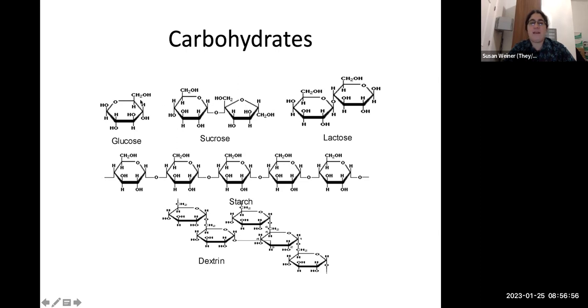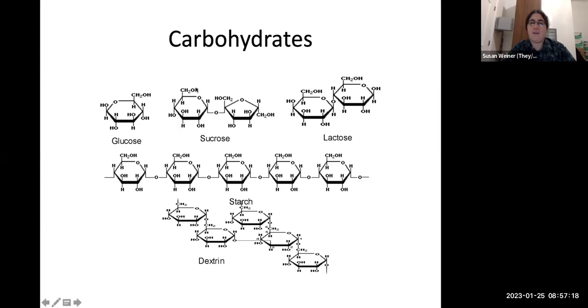But either way, that ring has mostly carbons and 1 oxygen making up the end of that ring. And that's what makes it a carbohydrate. So here we have glucose as one of our main single rings, our monomers.